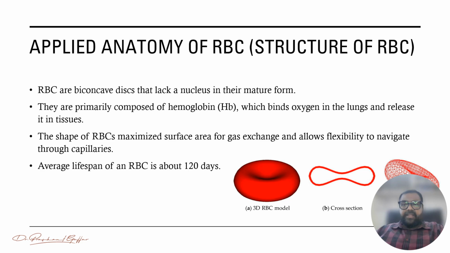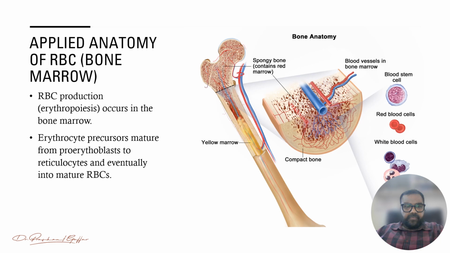Now let's see the applied anatomy of the RBC: bone marrow. You all know erythropoiesis. With the help of erythropoietin, erythropoiesis occurs in the bone marrow. Bone marrow is situated in the long bones and the spongy bones, which contain red marrow.